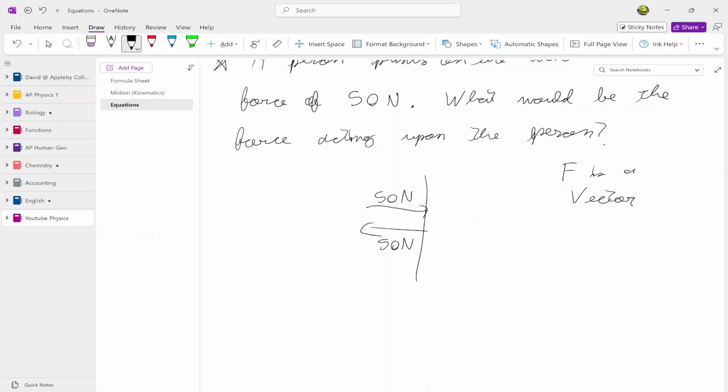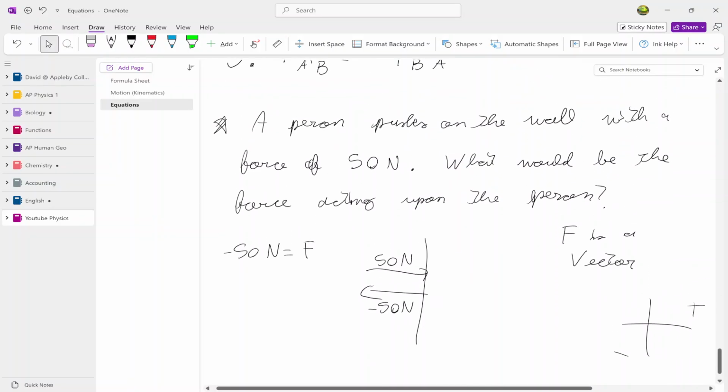Therefore, if I'm pushing with a force to the right, that will make it positive, and then the normal force, that's what it's called, I'll explain that later, is pushing back to the left, that would make it negative. So it would be negative 50 newtons, the reciprocal force that's acting upon the person, really.